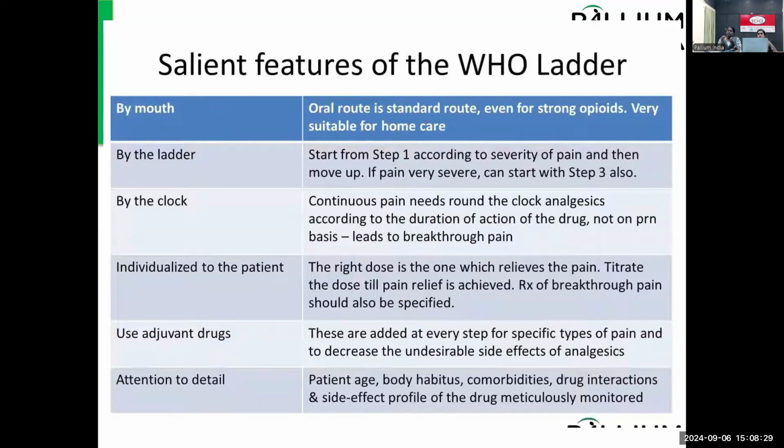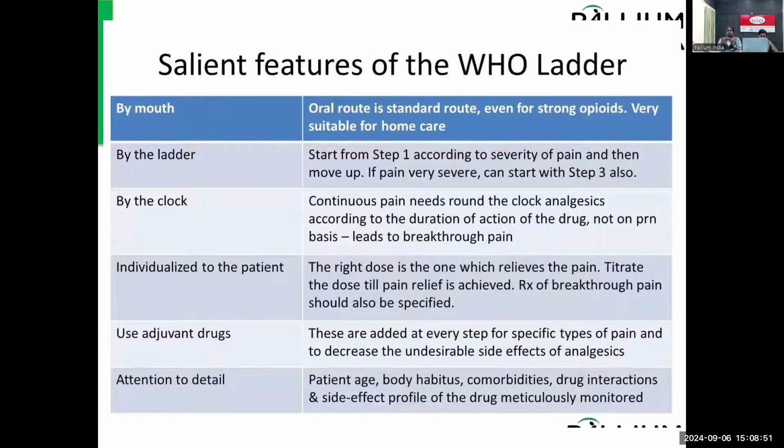If the patient has only mild pain, we can start with step one. If the patient has severe pain, 10 out of 10, we can start with step three.